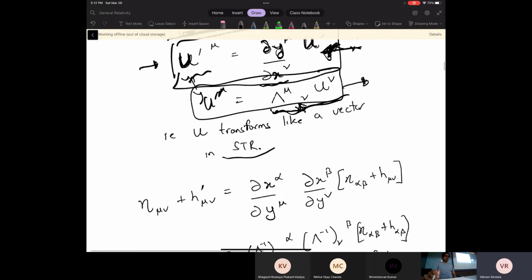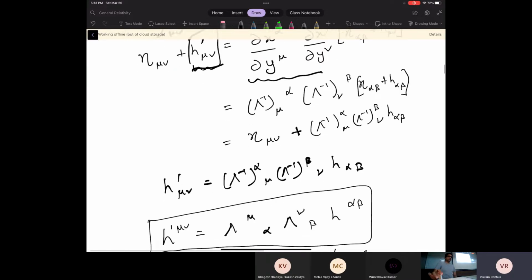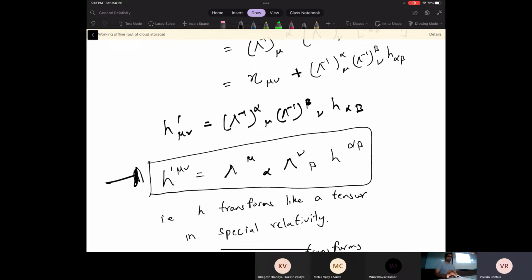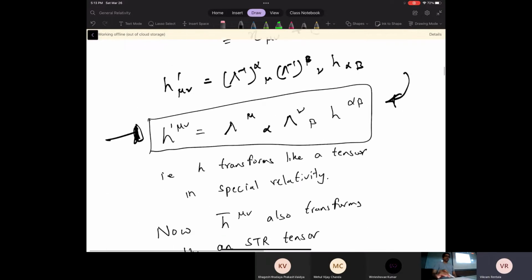And similarly you can show that h prime mu nu, the transformation rule for the full g mu nu, which transforms with the tensor law, has a linearized correction that transforms with just the dictionary for special relativity again. These derivatives give you lambdas.